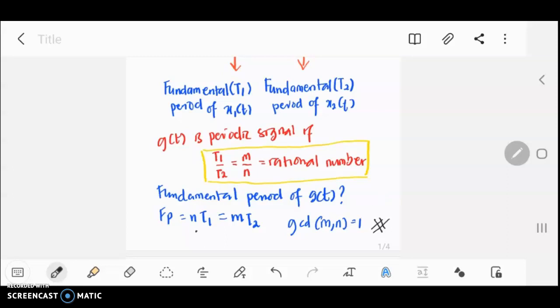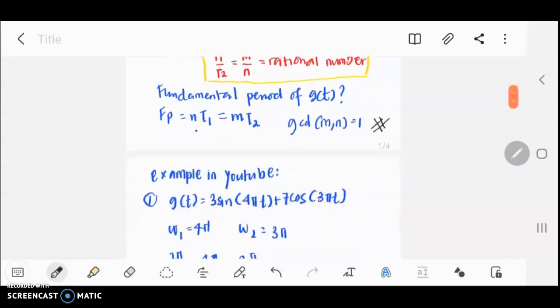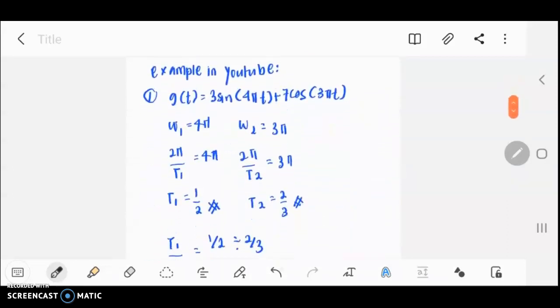So now let's move on to an example, so we can apply it in our question. Before that, I'm going to show a bit of an example. This is an example for g(t) = 3 sin 4 pi t + 7 cos 3 pi t. Which one is T1 and T2?